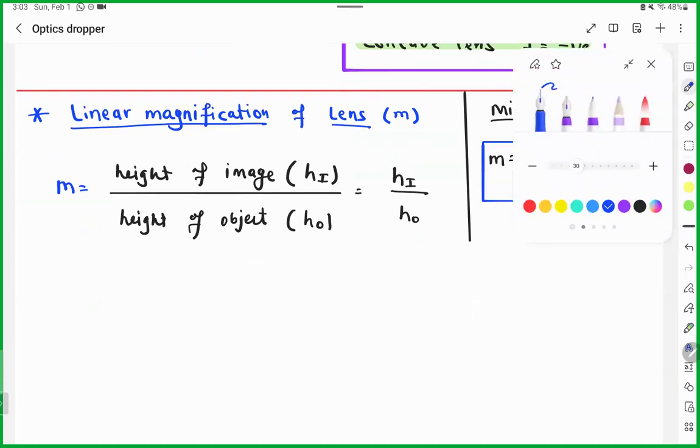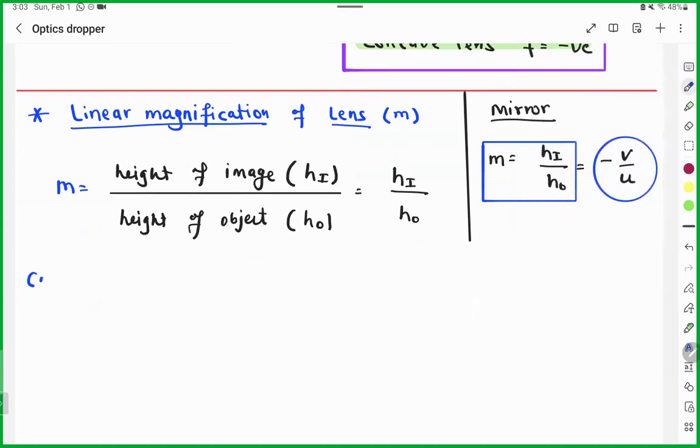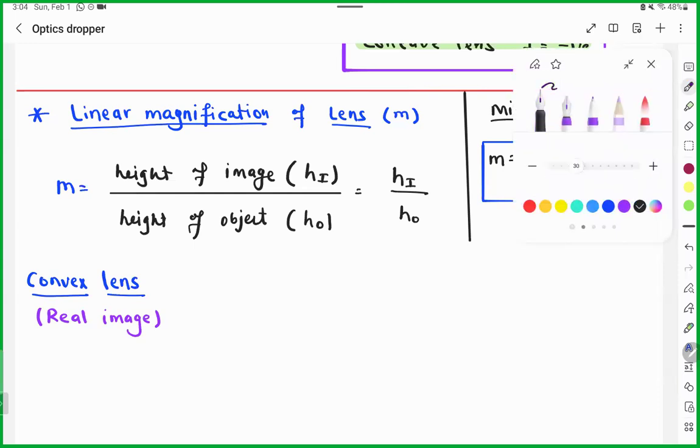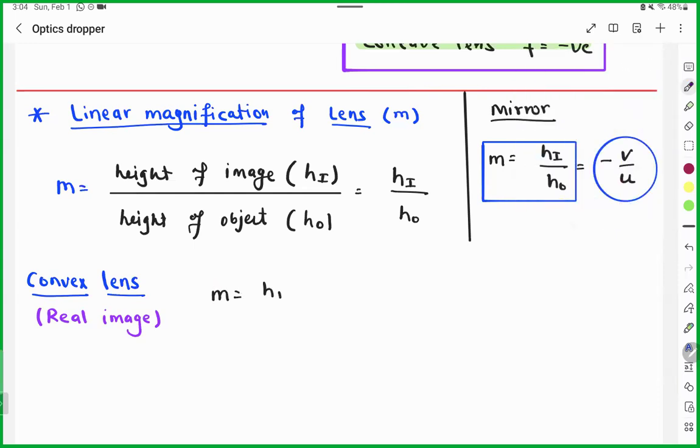For example, if you take a convex lens, most of the time you will get an inverted image, mostly for a real image. So whenever you consider a real image, magnification is equal to height of the image by height of the object. The height of the object is always positive, but the height of the image will be negative because it is placed below.